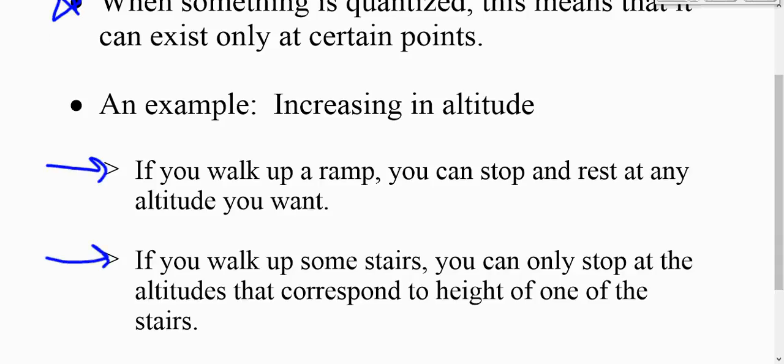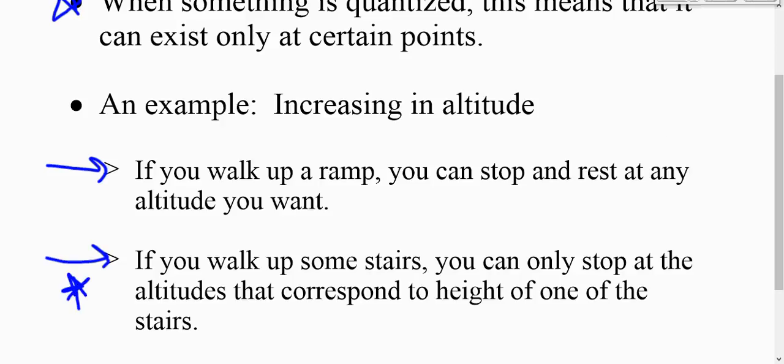If you walk up a ramp, you can stop at rest at any altitude, anywhere on the ramp. Versus if you walk up some stairs, you can only stop at like step 1 or step 2. You can't be at a place in between. And so those gaps that exist in the emission spectrum are like different steps on a staircase.